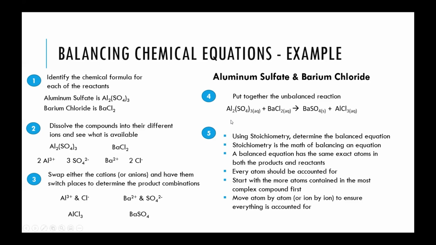So when putting it together in an unbalanced format first, you have aluminum sulfate plus barium chloride as the reactants will give barium sulfate and aluminum chloride as the products. Once you have the unbalanced reaction, the skeleton reaction laid out, you can go through and balance this chemical equation using stoichiometry, or the math of balancing these chemical equations.